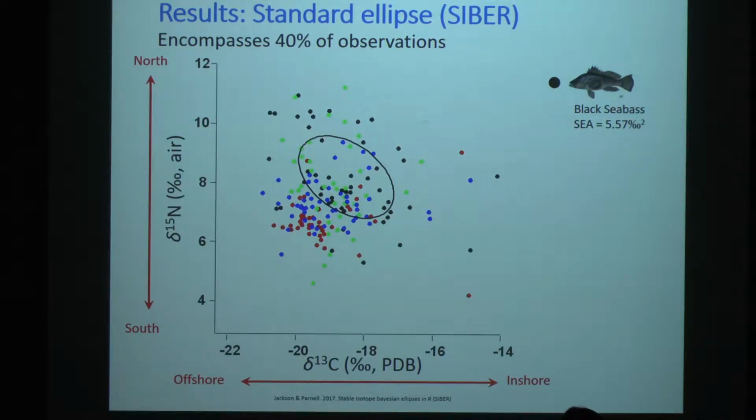There are reasons for that. I can discuss that later. But what we find is that you can get not only a location for that standard ellipse, but also a size.